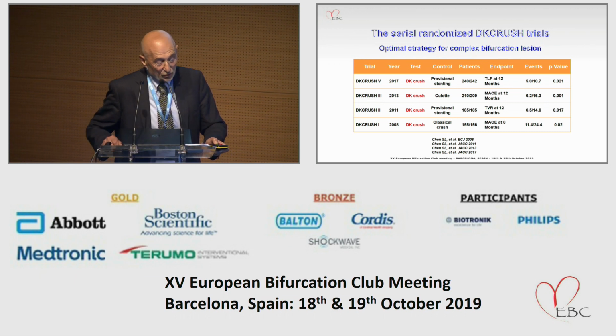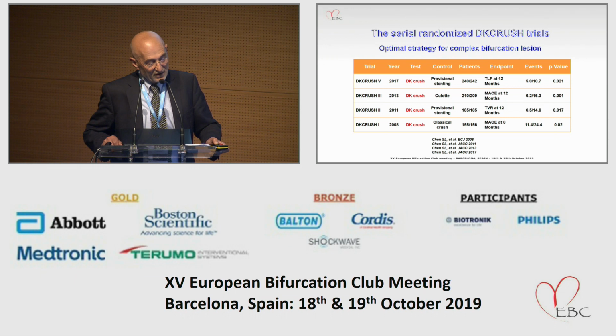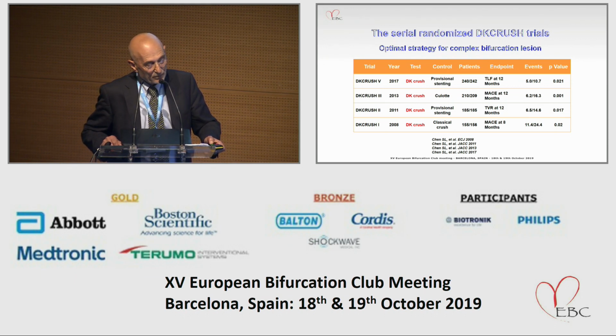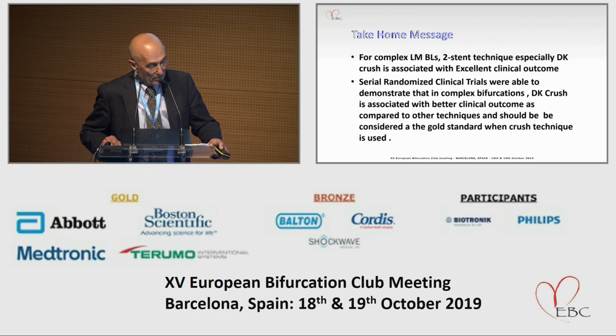And I should underline that provisional stenting in these studies was referred to complex bifurcation performed with provisional stenting. Then the two-stent technique and DK crush technique in this case were doing better, having better outcome.